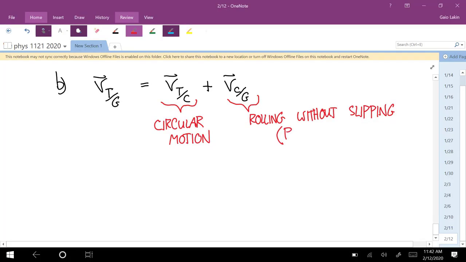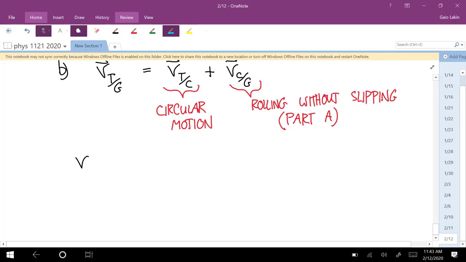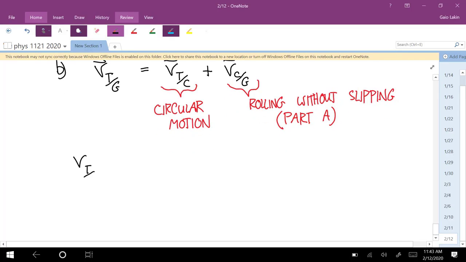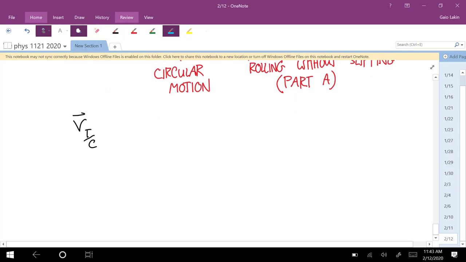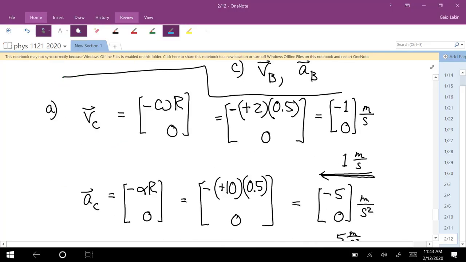So this we got in part A. We're just going to add that on at the end. So what we have to do is the circular motion. So we want the velocity of the top relative to the center. And to do that, we're going to think of a circular motion where this thing is moving with, what did I say, the angular velocity is 2.